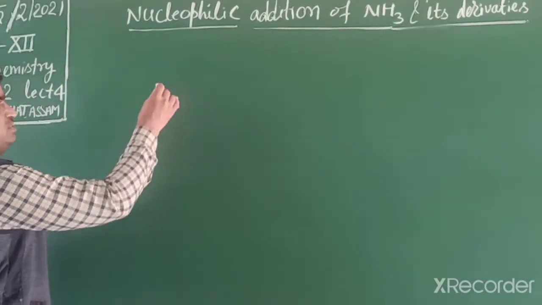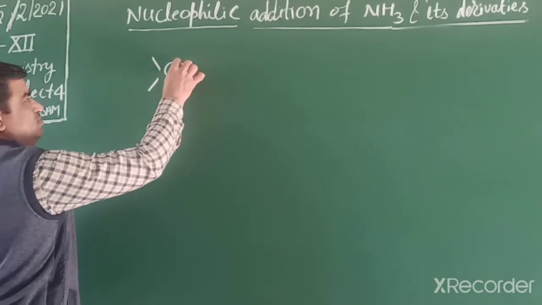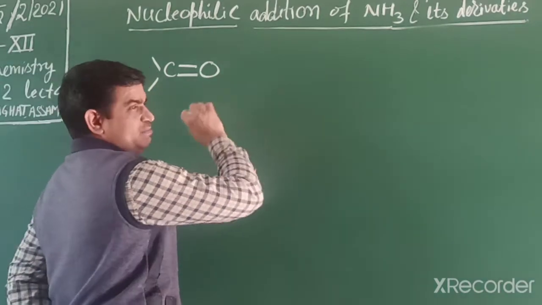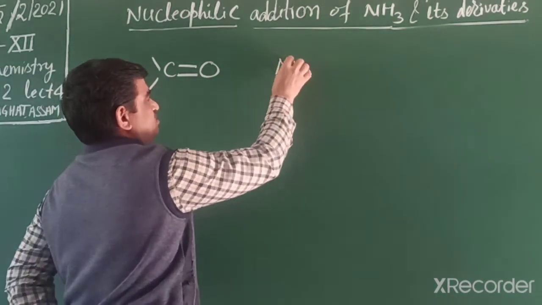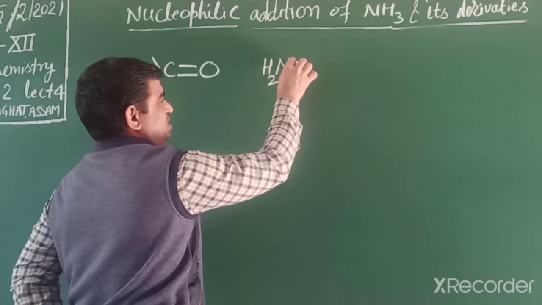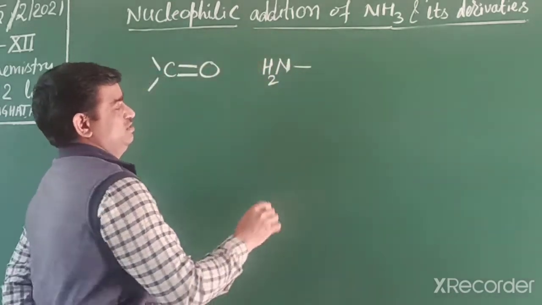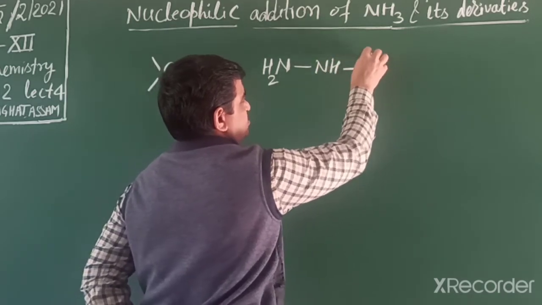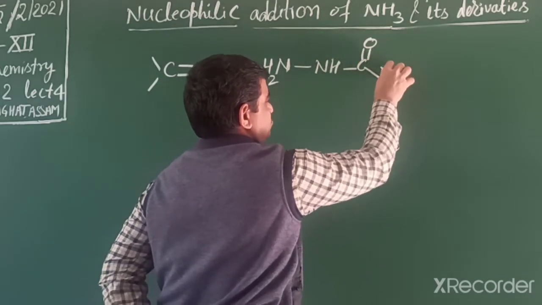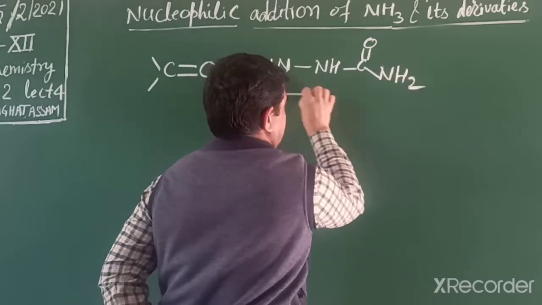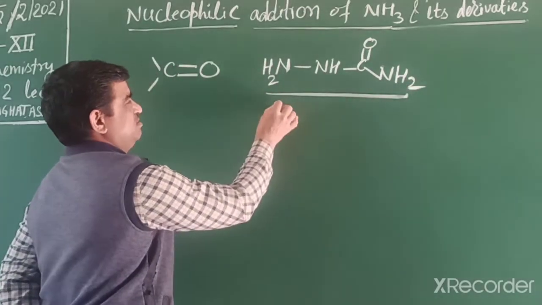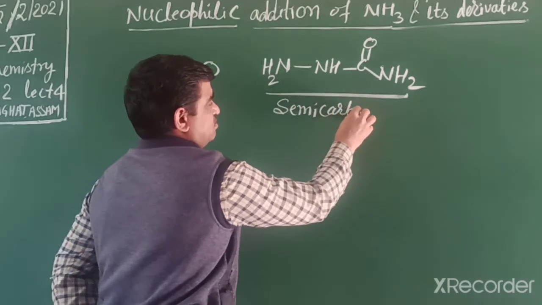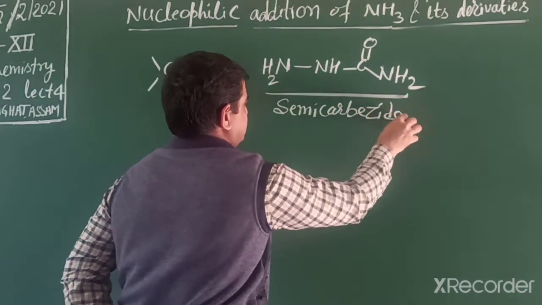Another important addition reaction of ammonia derivatives is semicarbazide. If ammonia is attached to urea, urea meaning NHCONH2, this compound's special name is semicarbazide.